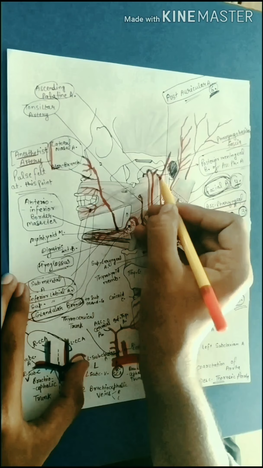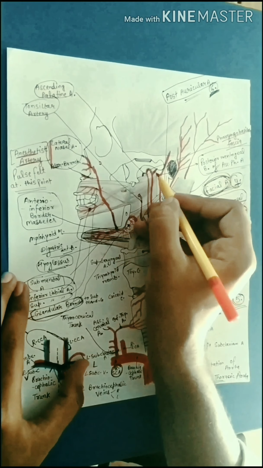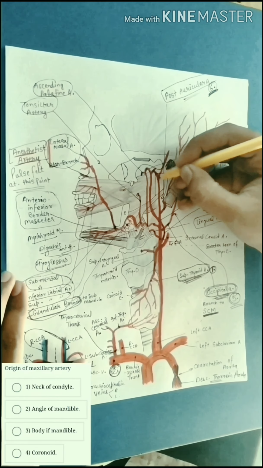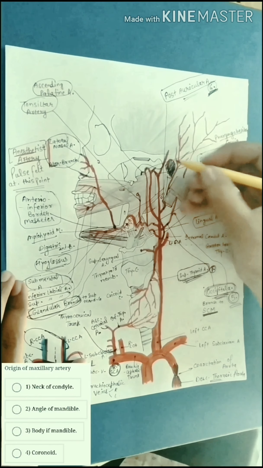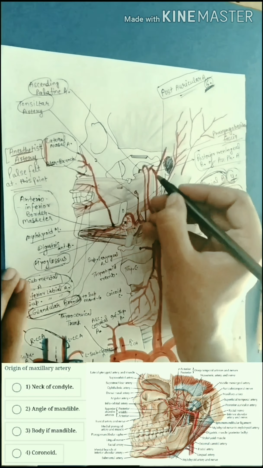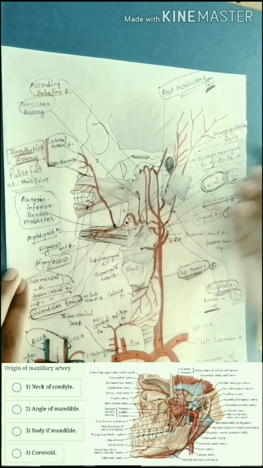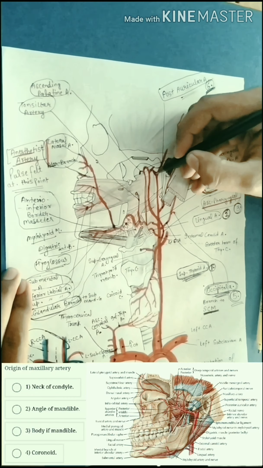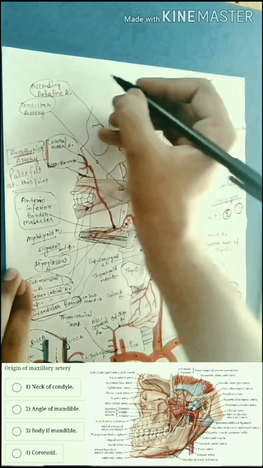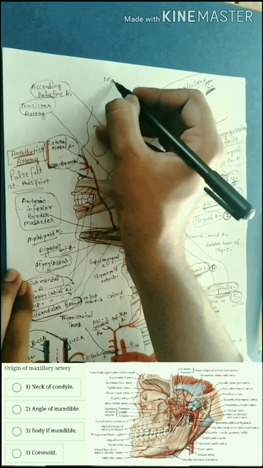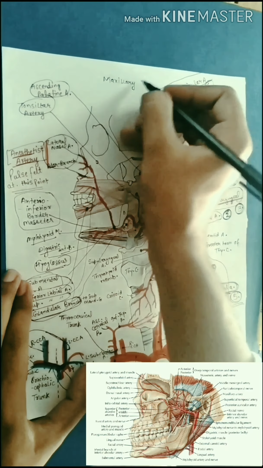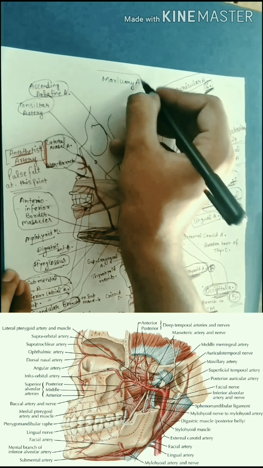This is the terminal point of the ECA, from where the maxillary artery and the superficial temporal artery originate. Remember, where do they originate? Just deep to the neck of the mandible, right? Where the condyle joins the ramus is the neck of the mandible, and deep to that part of the neck of the mandible our maxillary artery originates.